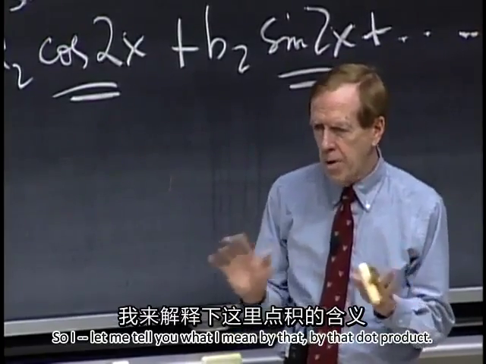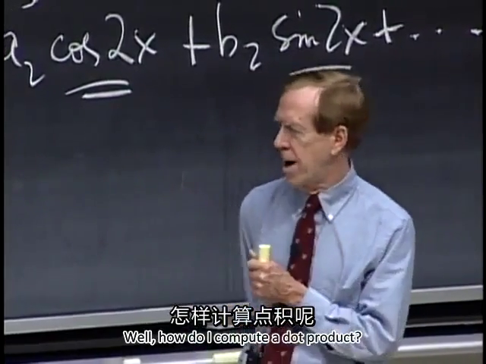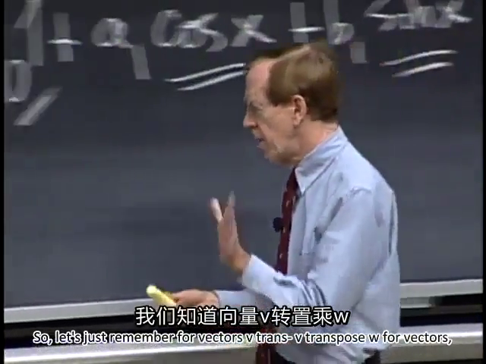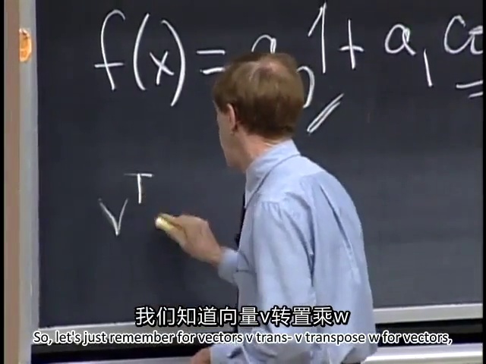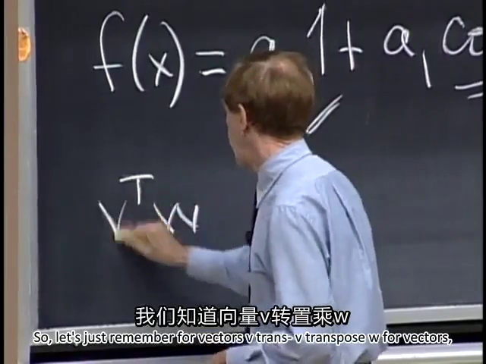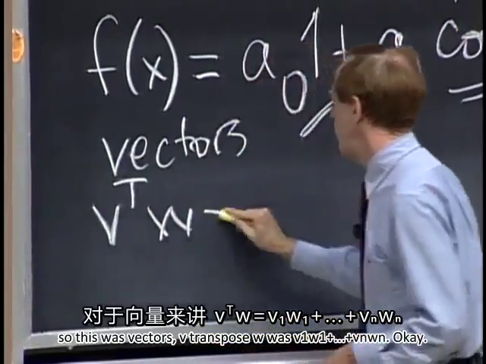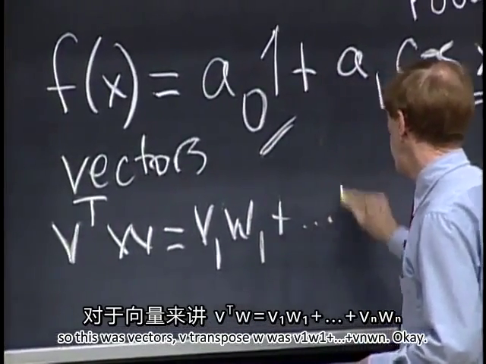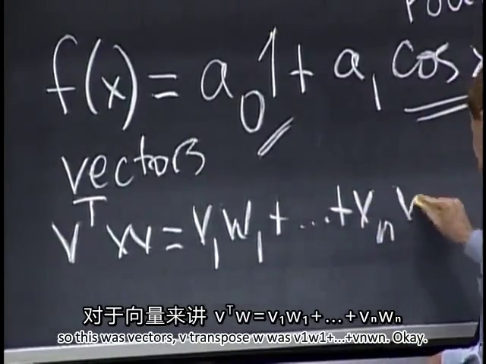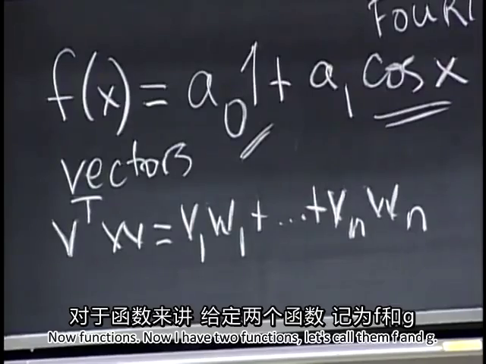So let me tell you what I mean by that dot product. Well, how do I compute a dot product? So let's just remember, for vectors, v transpose w was v1 w1 plus up to vn wn. Okay, now functions.